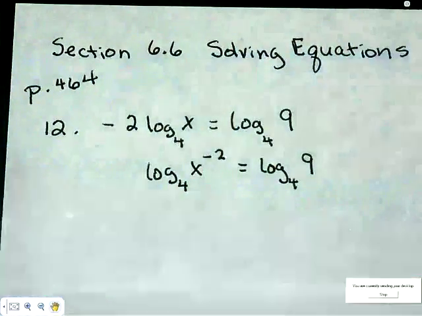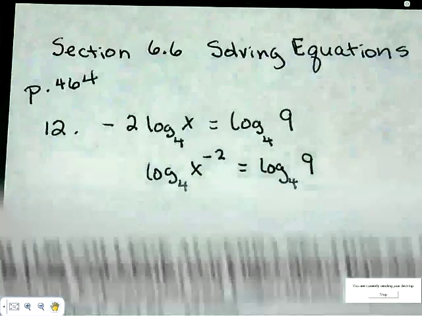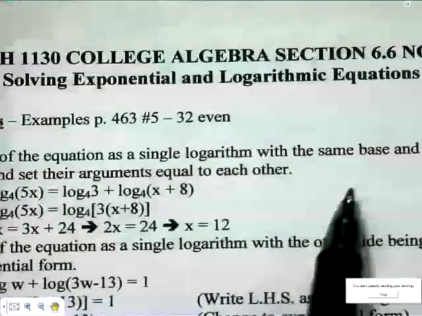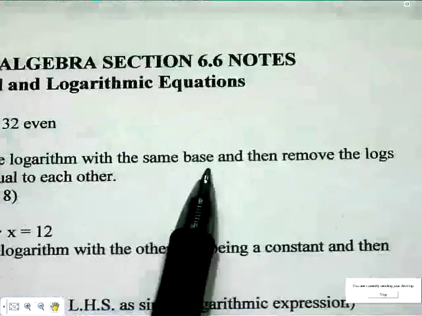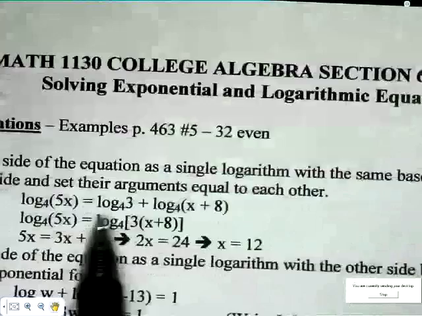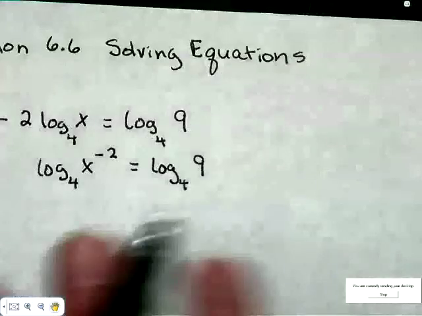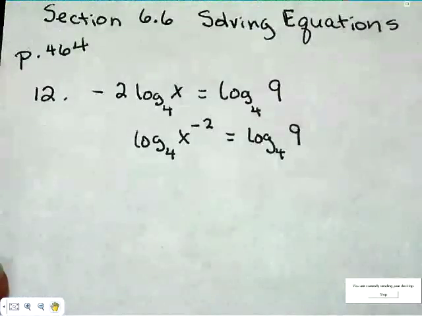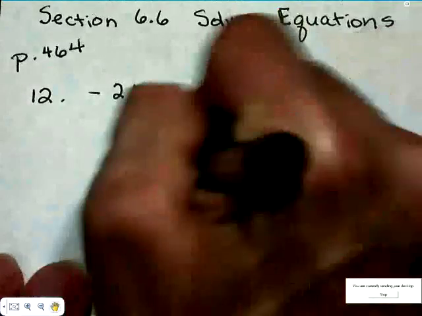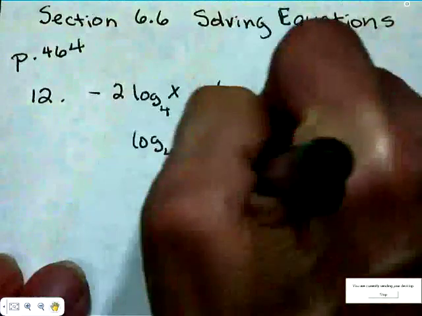And after you have both sides written as a single logarithm with the same base, you can take the logs off and just set the arguments equal to each other. Not until you have both sides being a single logarithm with the same base, but now that we have that, I can take the logs off and say x to the negative 2 equals 9.